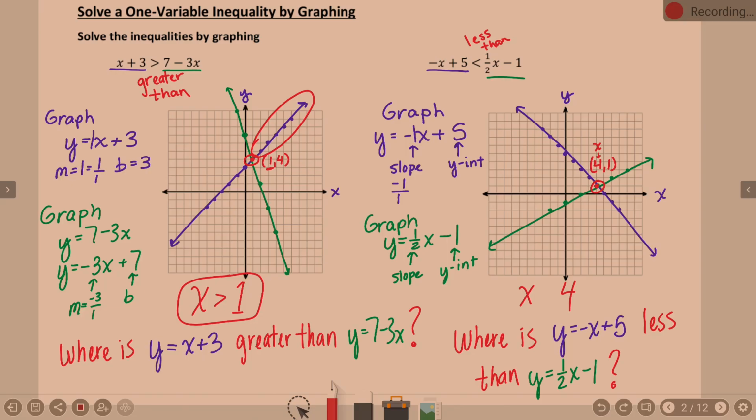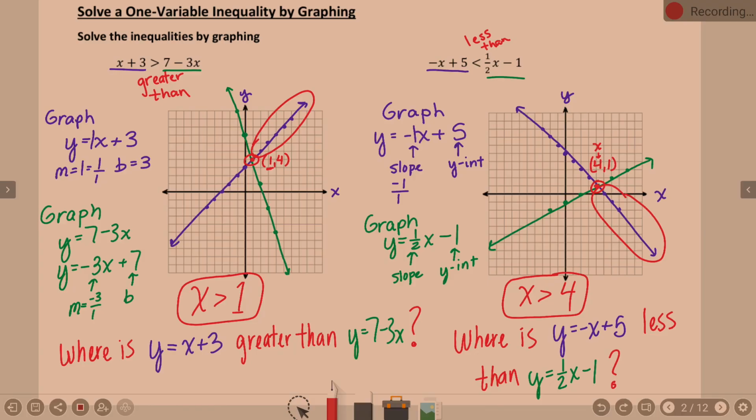Because what I see is, where's my purple line less than my green line? Here's where my purple line is below my green line, yes? Which side of 4 is that on? The right side of 4, so my answer is x is greater than 4.